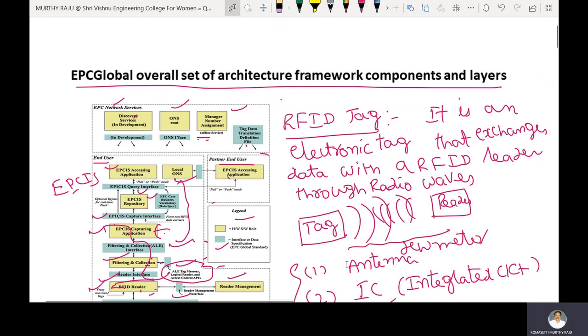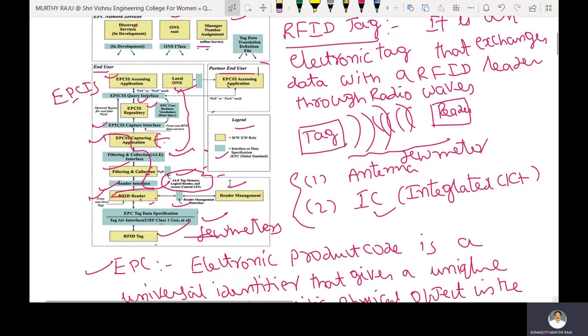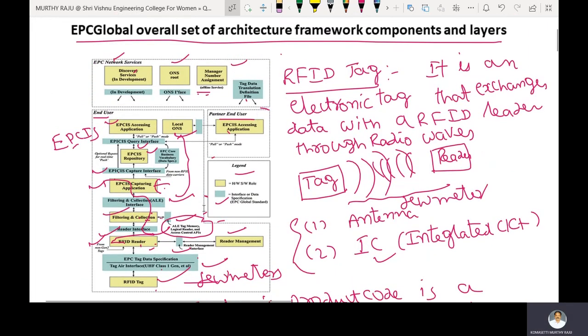These are some important layers and interfaces incorporated in this EPCglobal architecture framework network. These are very useful in business applications for extracting product information.